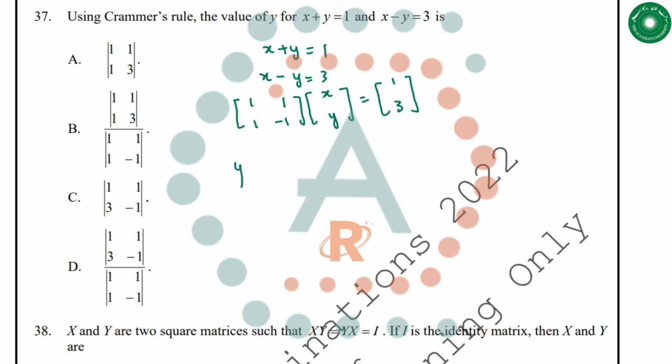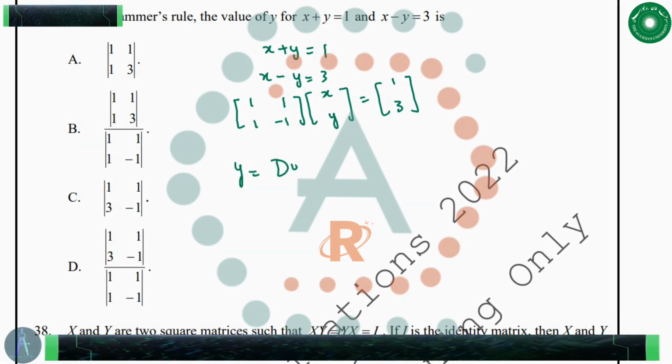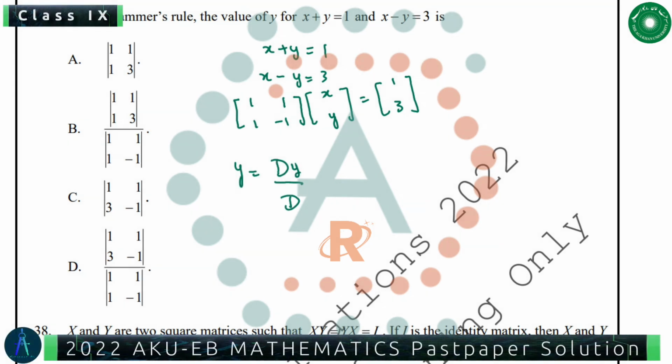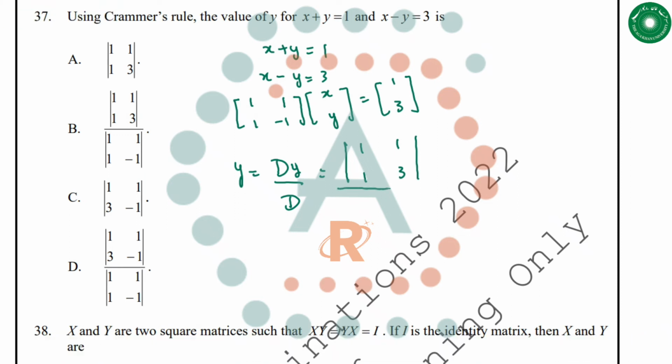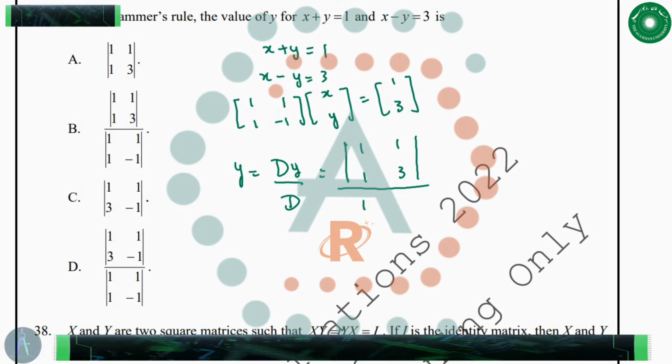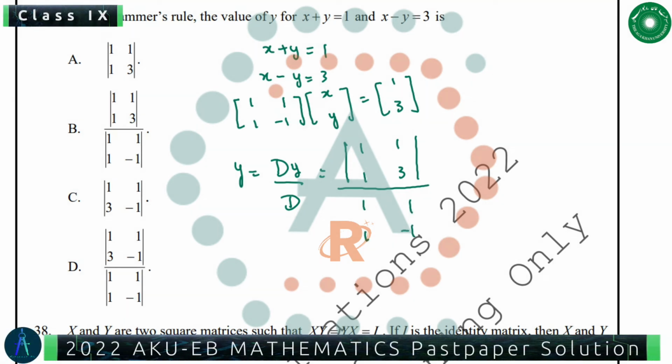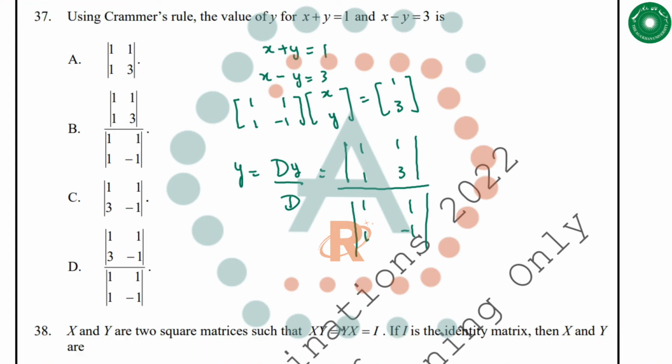So the value of y is equal to dy divided by d. So dy will be equal to 1 1 and 1 3. हमने y के coefficients को replace कर दिया, denominator में हमारे पास determinant आ जाएगा 1 1 1 minus 1. So इस expression को देखते हैं कि किस option में हमारे पास ये expression मौजूद है question number 37 में. So option B is the right answer.